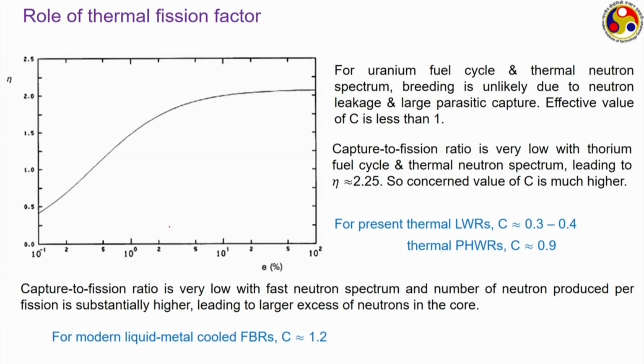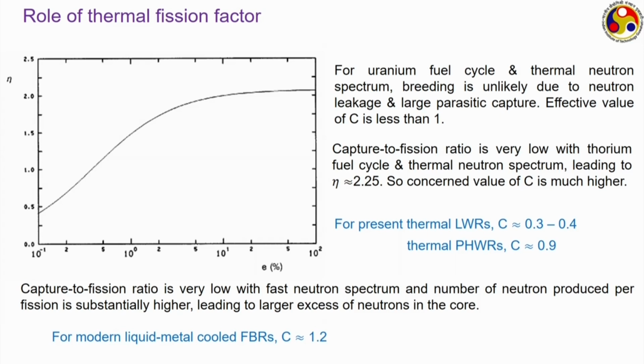Now, the thermal fission factor continuously increases with enrichment and settles at an enrichment level of around 5, at a value of something like 2.06 for uranium 235. But the natural uranium ore that is available has a fraction of only 0.7%.